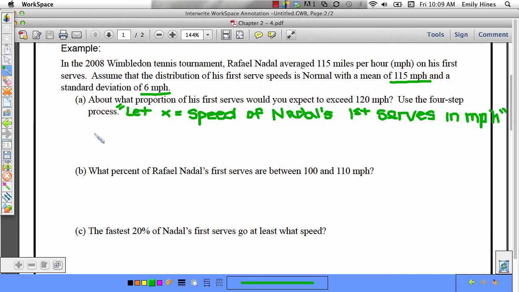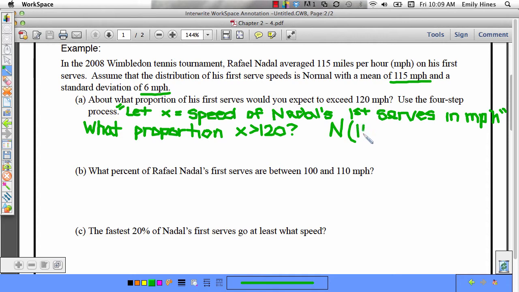So I want to know what proportion of x is greater than 120. I know that this is normal with a mean of 115 and a standard deviation of 6, so I want to make sure I mention that somewhere. So this is my state.